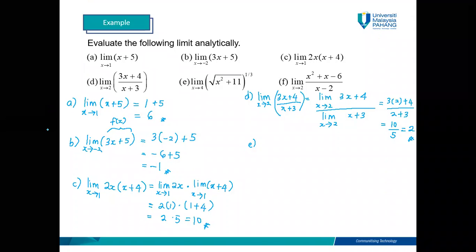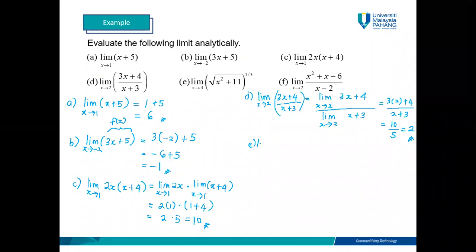Okay, limit of square root. No, bukan square root. Dia adalah actually cube root lah. Tapi saya proceed je. Cube root x square plus 11. Okay, 1/3 ni adalah cube root lah. Sorry, square root x square plus 11, power of 1/3.